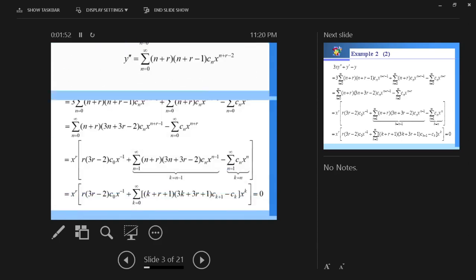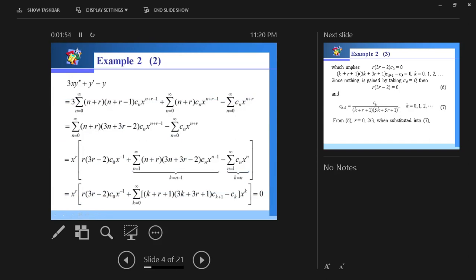And then we have this equation, with 3 here and the summation for x y''.